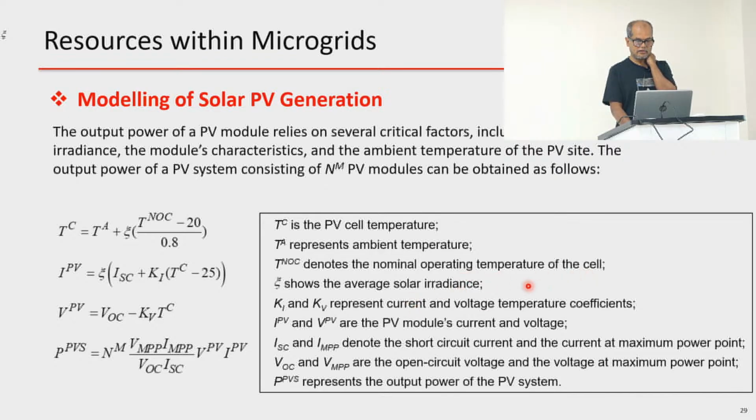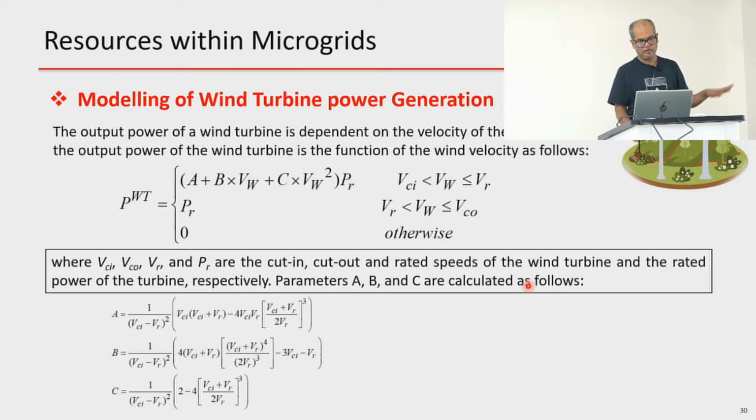Irradiance I already mentioned, and shading, but the temperature also plays a quite significant role in how much power you're going to get from the photovoltaic system. If the photovoltaic system is heated, the output power reduces significantly. If you see the equation between power and temperature, you can easily model that relation between output power and temperature.